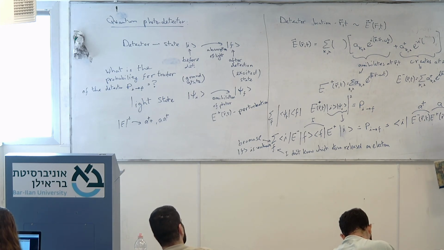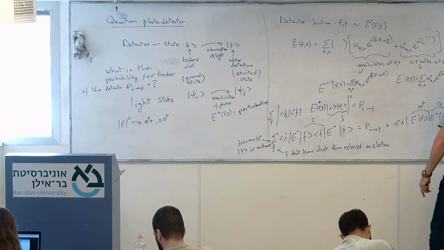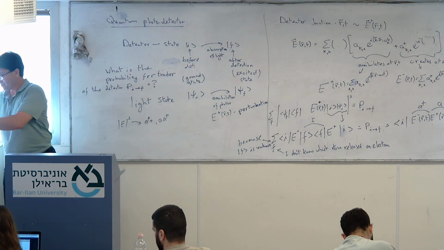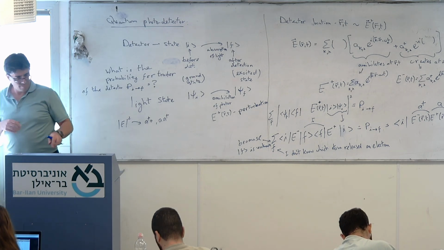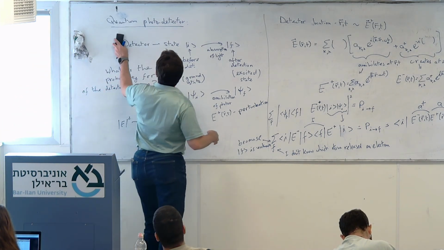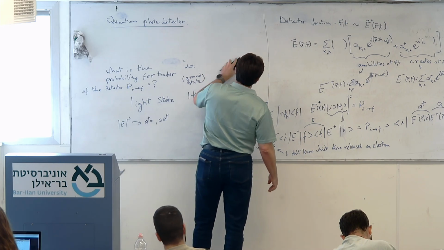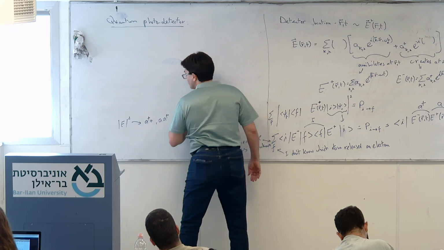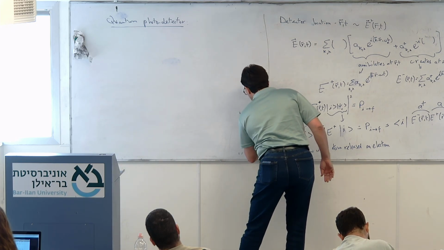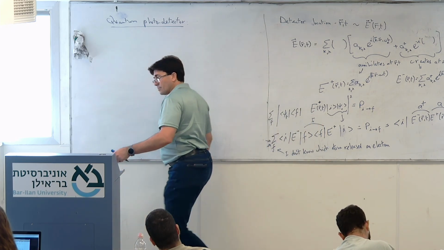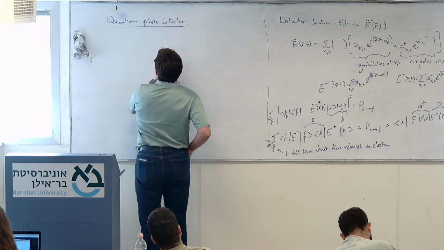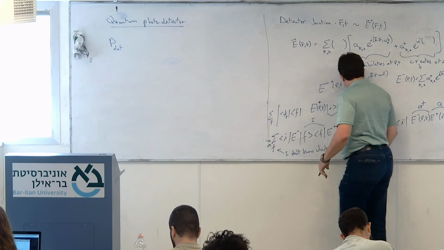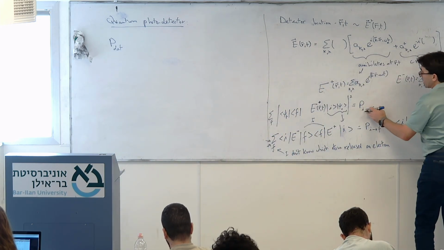So a detector, that means that the probability of detection is no longer the probability of transferring from I to F. I replace that.